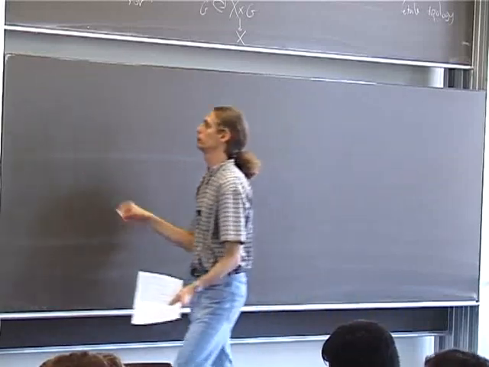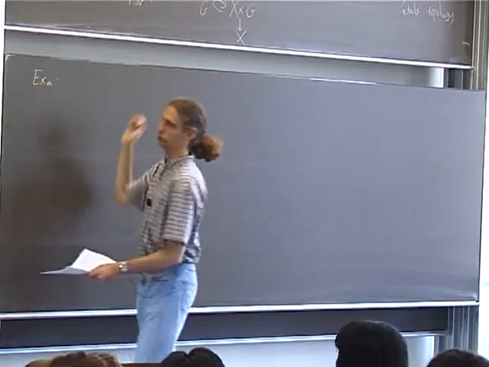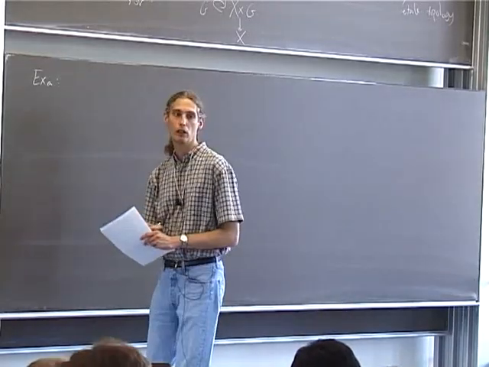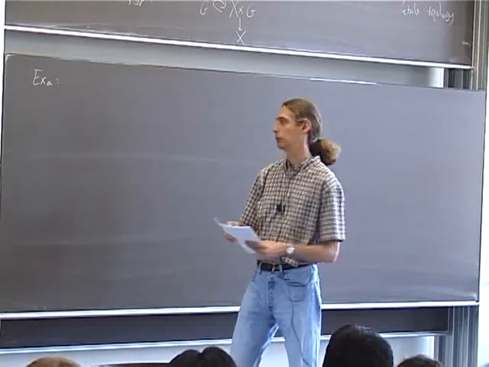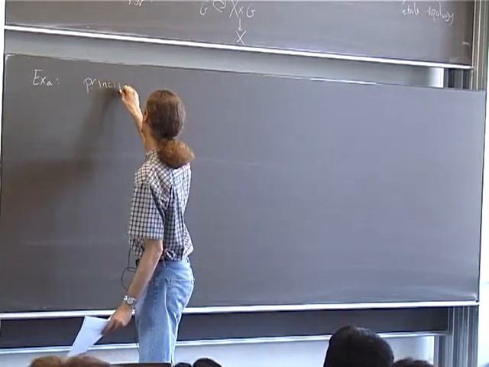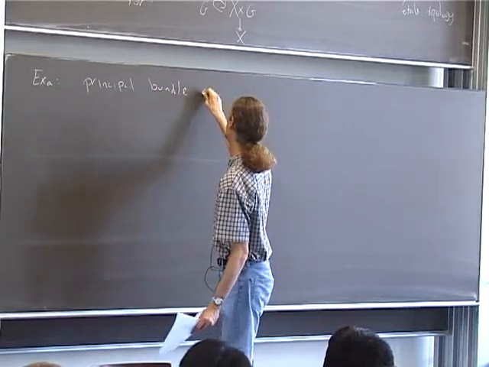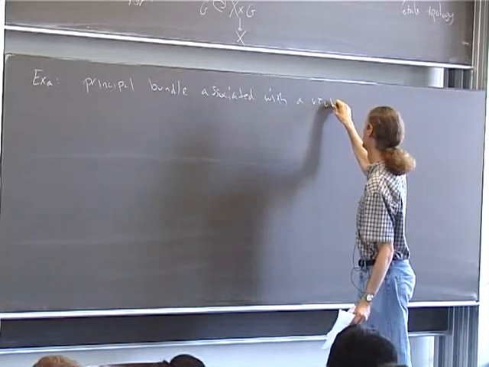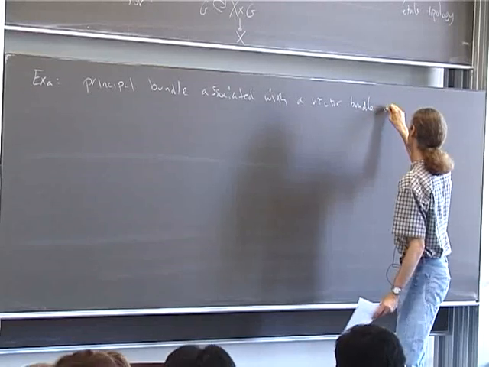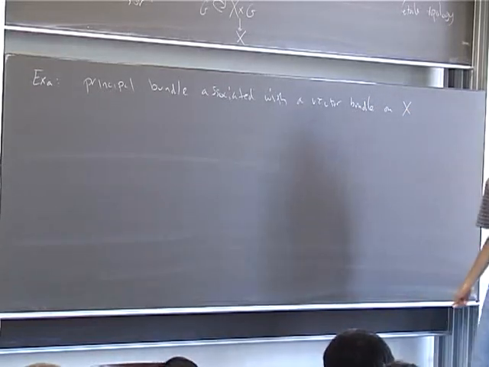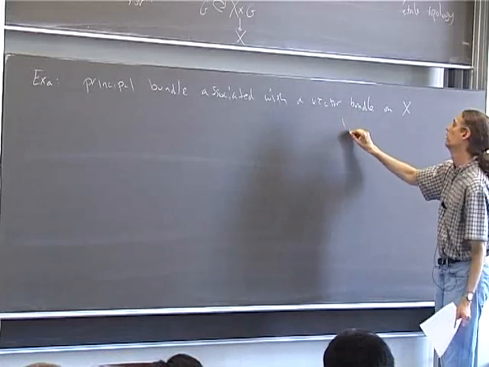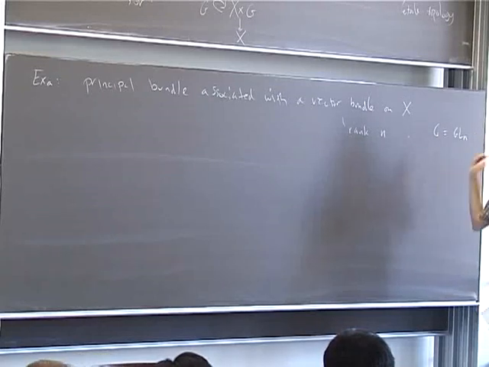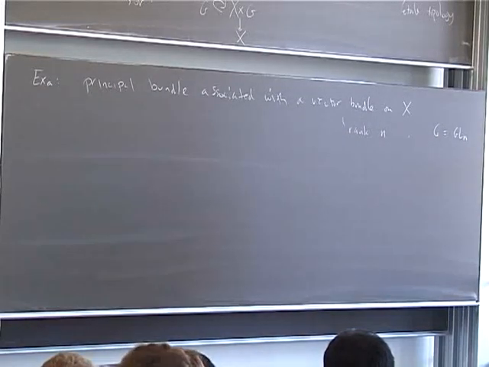Okay, so examples. Well, of course, trivial G-torsor is an example. If you have a vector bundle on X, then there will be an associated principal bundle. So if your vector bundle has rank n, then this will be a principal GL_n bundle.